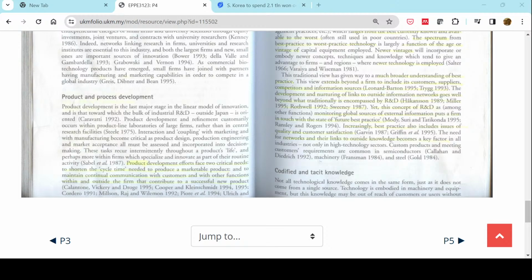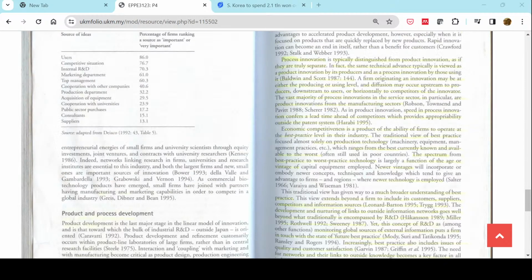In fact, the same technical advance typically is viewed as a product innovation by producers and process innovation by those using it. So I want to define what is process innovation. Product innovation is clear. The product itself, you want to innovate.